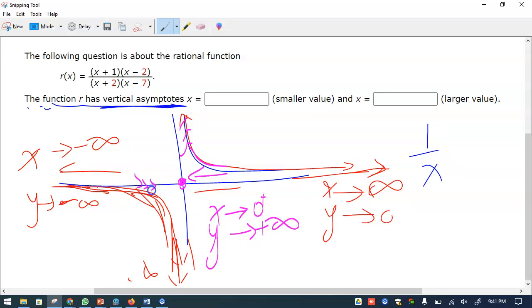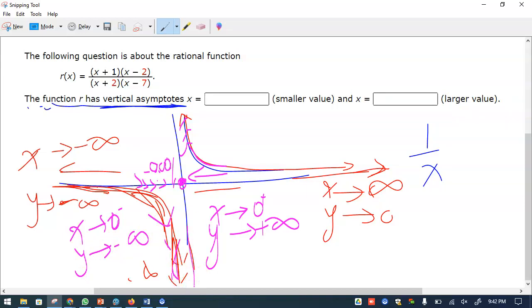But when you approach 0 from the left, let's say minus 0.001, a very small number, you put a minus here, and y approaches minus infinity. It means the output becomes very, very large negative numbers.